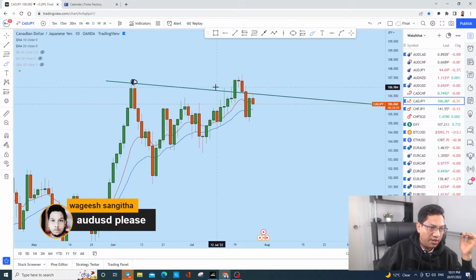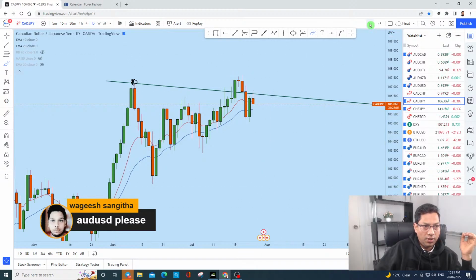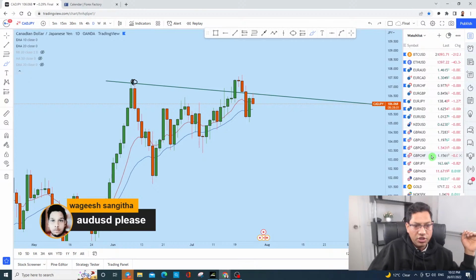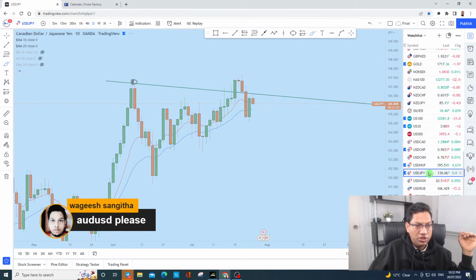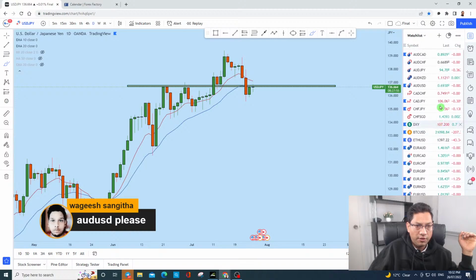I will sell immediately with this head and shoulder, and we could see a bigger move on this one as well. It looks to me that CADJPY or USDJPY is forming the same kind of price action.